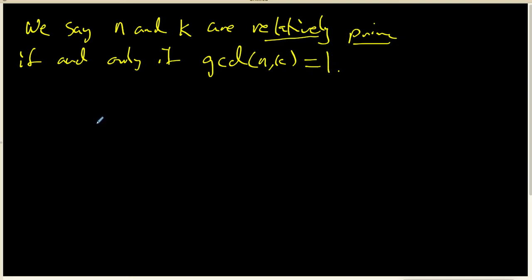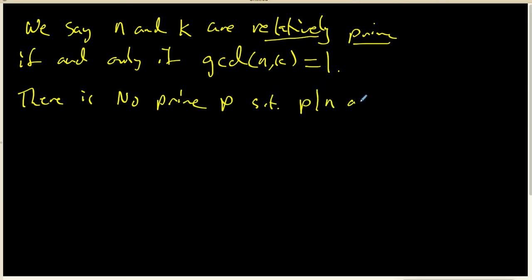And what relatively prime means is that there is no prime p such that p divides n and p divides k. So there's no prime that divides both of these numbers. That's what relatively prime means. And relatively prime plays a very important role in number theory, and it turns out that it plays at least a semi-important role in abstract algebra.